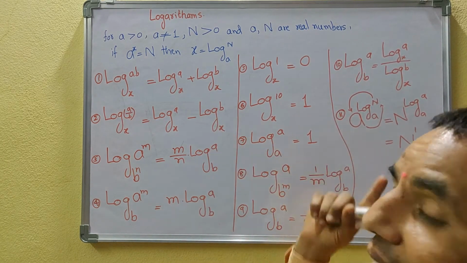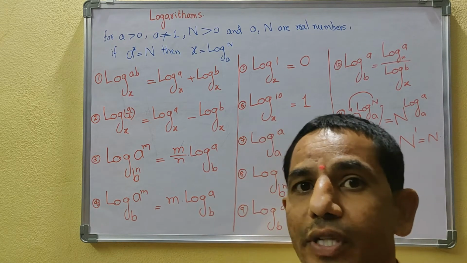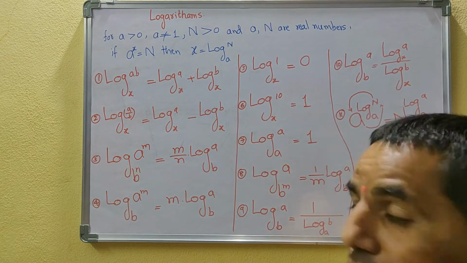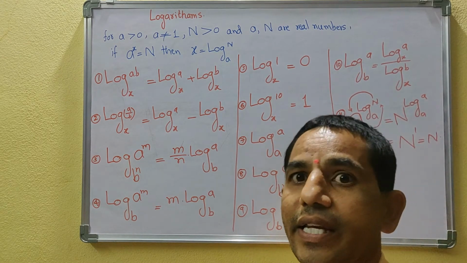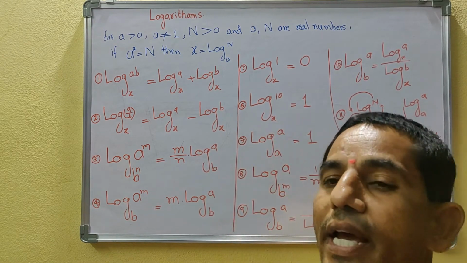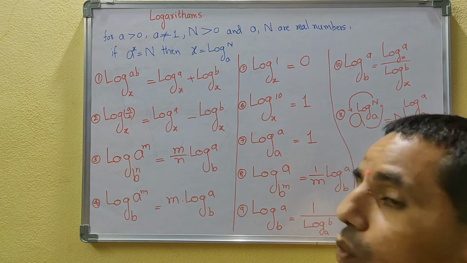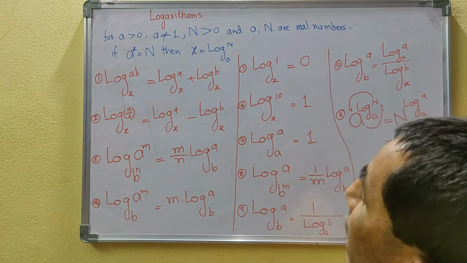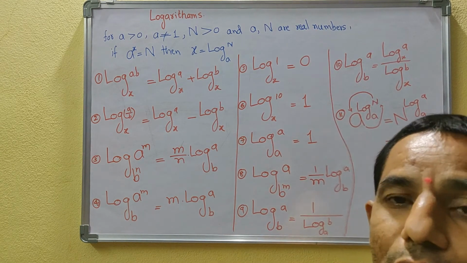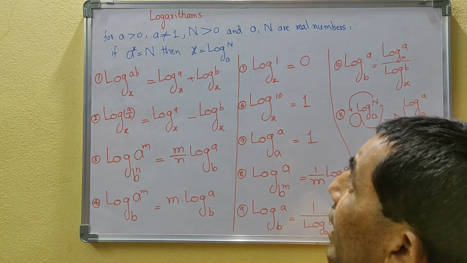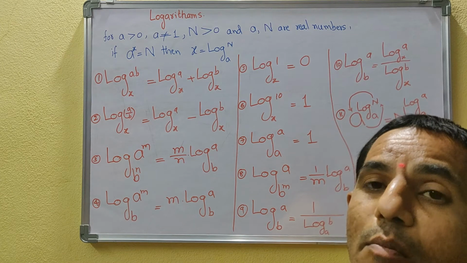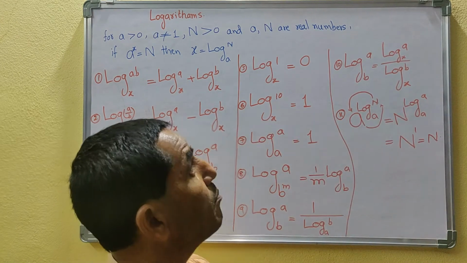And a not equal to 1 means you take 2, 3, 4, 5, 6 like that. So a is greater than 0 and a not equal to 1, and n is greater than 0, meaning 1, 2, 3, 4 like that. And a, n are real numbers.